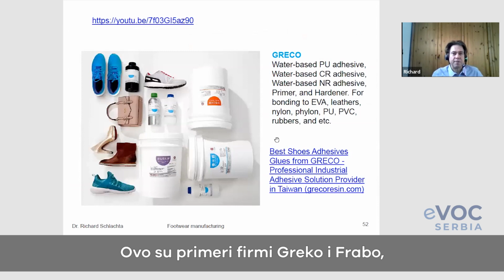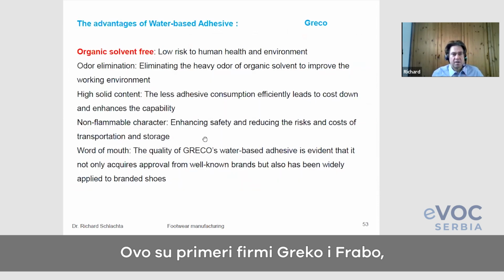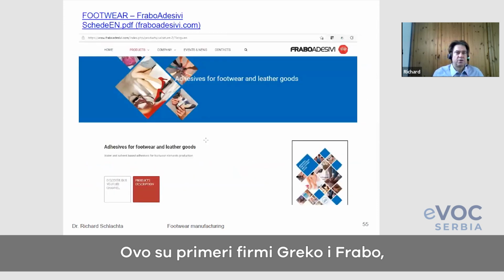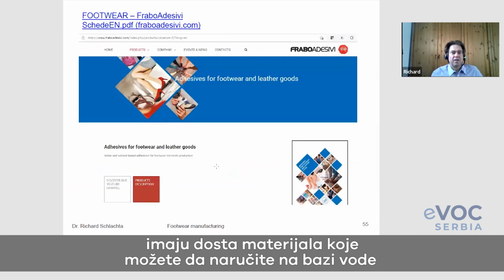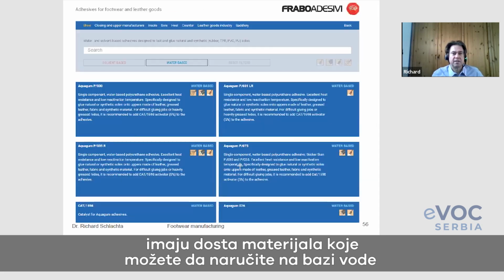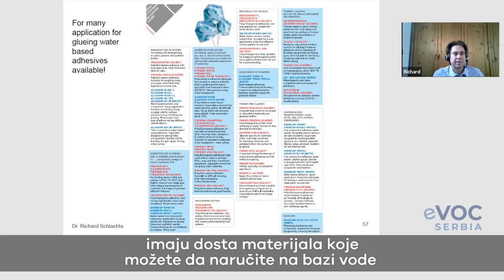Here's an example from Greco. Yes, and so you see there are examples from Frabo. You see here they have water-based, and a lot of materials you can order as a water-based substance.